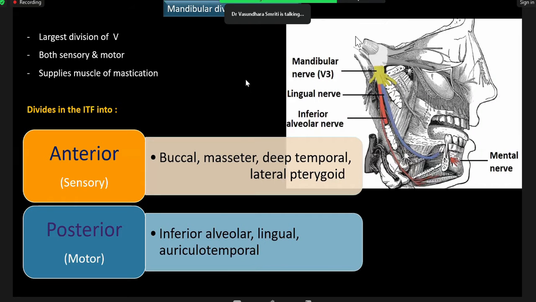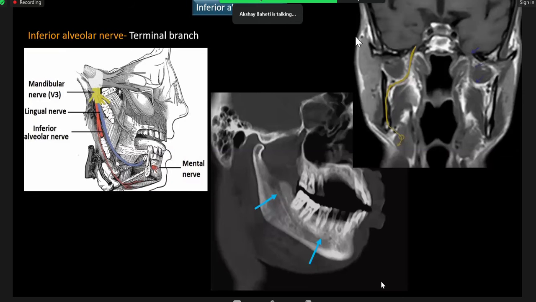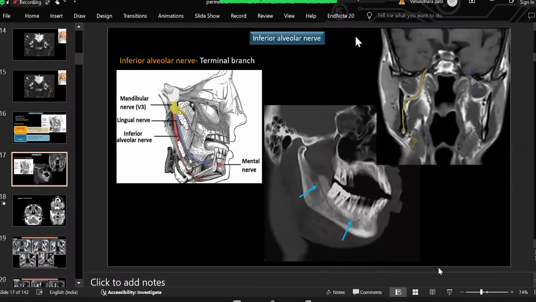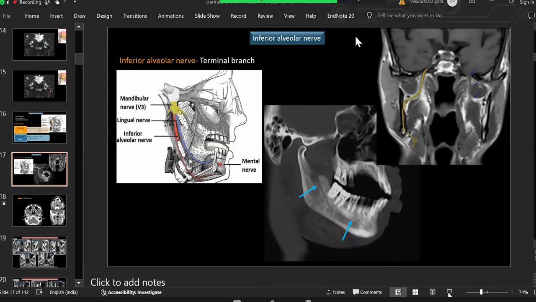Now we are seeing the mandibular division of trigeminal. Akshay, your voice is not clear. Maybe my net is breaking. Hold on. So we can see the diagram of the inferior alveolar nerve.